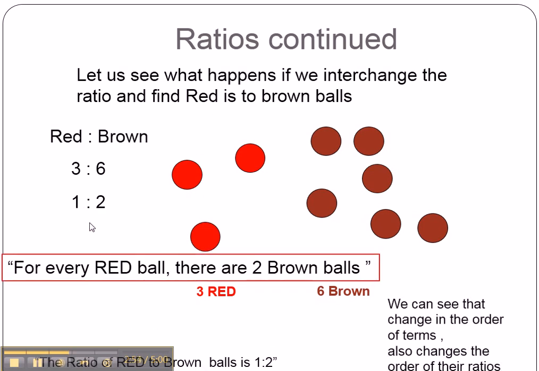What can we conclude from it? It means for every red ball there are 2 brown balls. So we can see that a change in the order of terms also changes the order of their ratios. Here we are getting 1 is to 2, and there we were getting 2 is to 1.